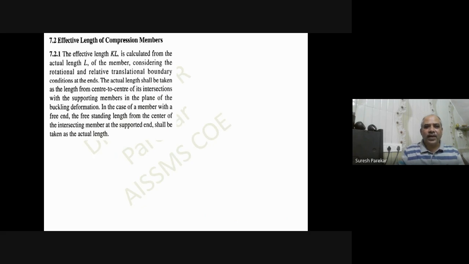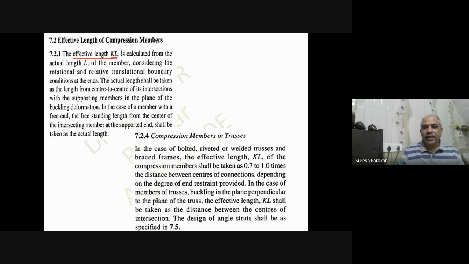Then we have the effective length of a compression member. The effective length is KL, and K depends upon the fixity of the member or the fixity of the connection. For compression members in trusses, the value of K varies between 0.7 to 1, for bolted, riveted, or welded truss members.